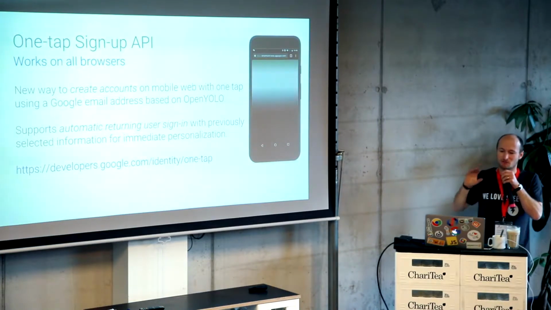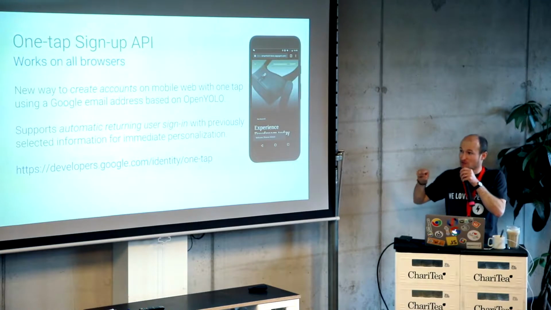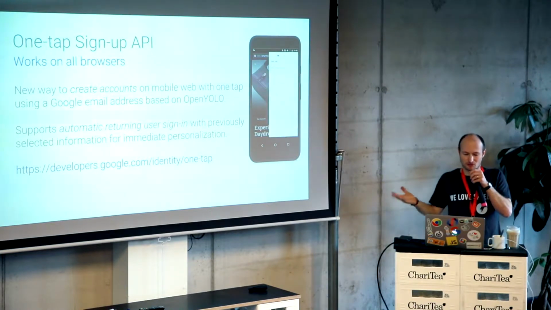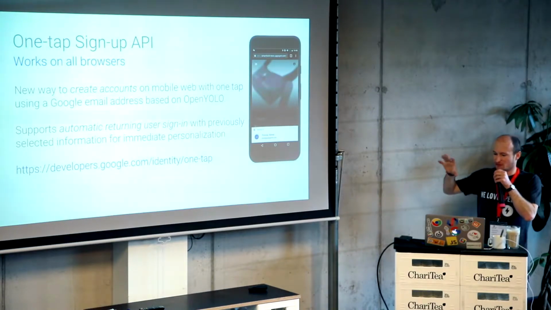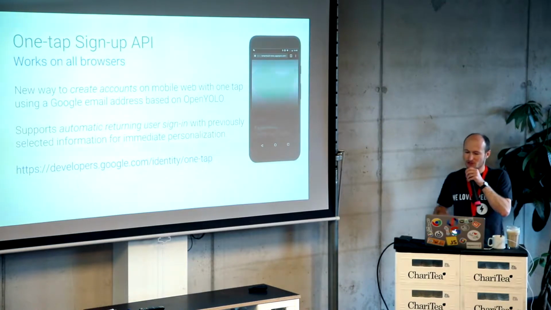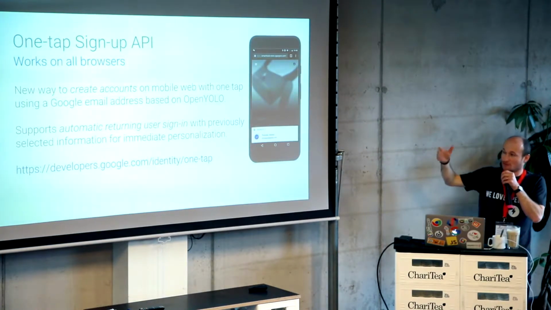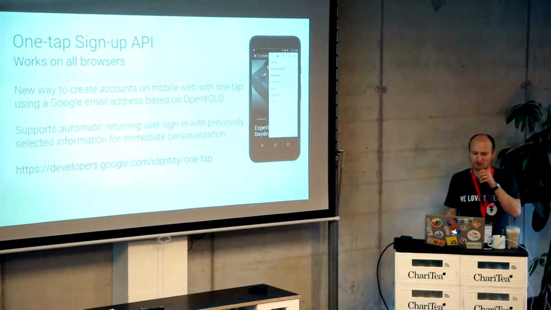And this is where the One Tap Sign-up API comes in. It's live now. Before it was in closed beta, now it's all live. You can see the URL at the bottom. If you follow along the navigation in the little animation, you can see I'm browsing to that page. Then the page shows this little widget, signing in with my Google profile.